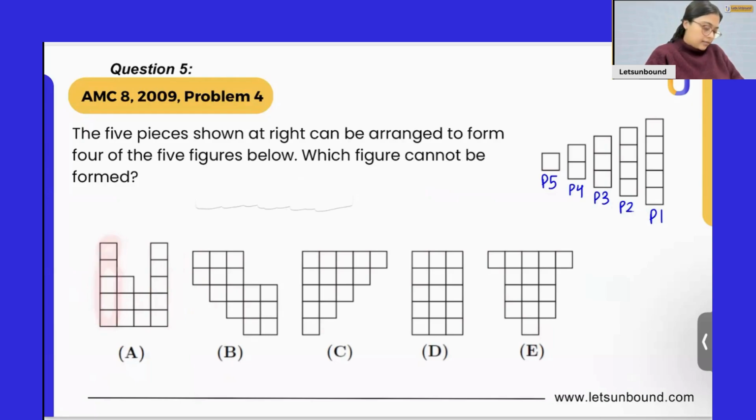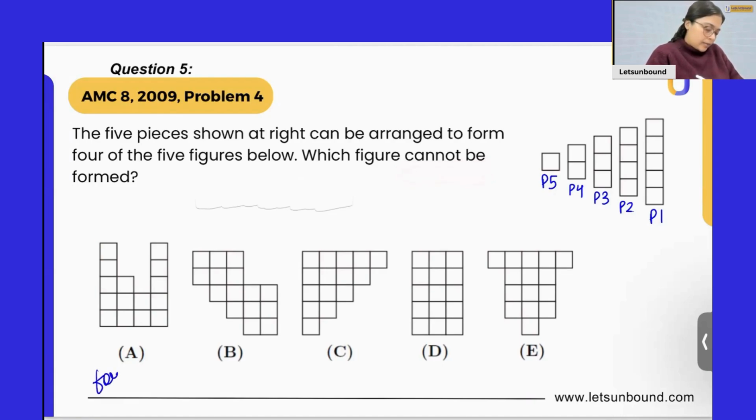Then piece 3 can come here, okay? And then piece 4 can come here. So did you see that all the pieces can be covered and we are able to form A, right? But the question says the figure which cannot be formed. A can be formed, so let me write it.